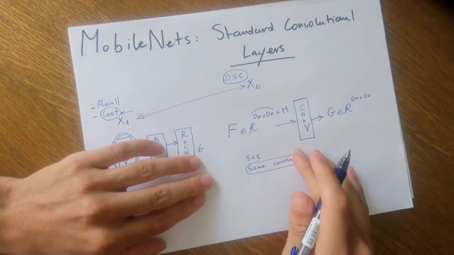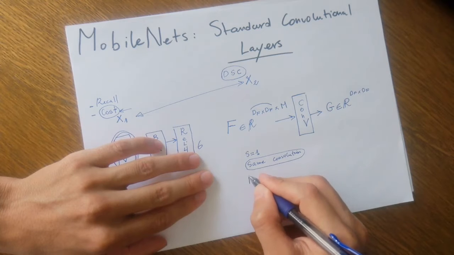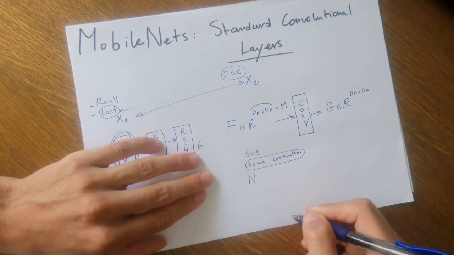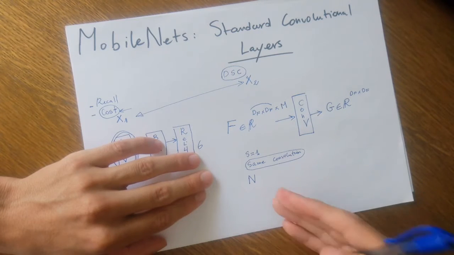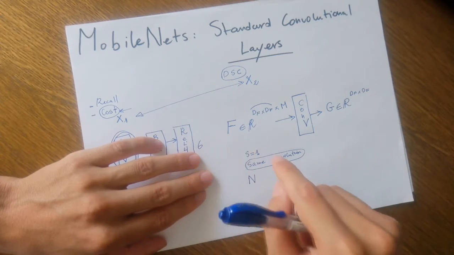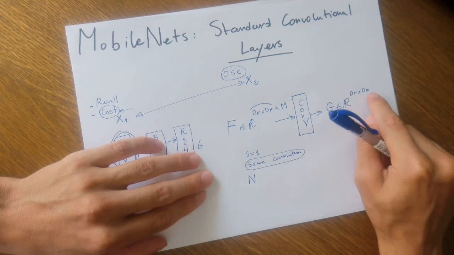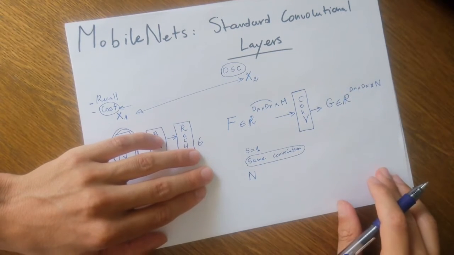Now, the number of kernels used, we assume, is equal to n. Since each kernel produces one channel when convolved with the input f, the number of channels in the output should be equal to n, right?